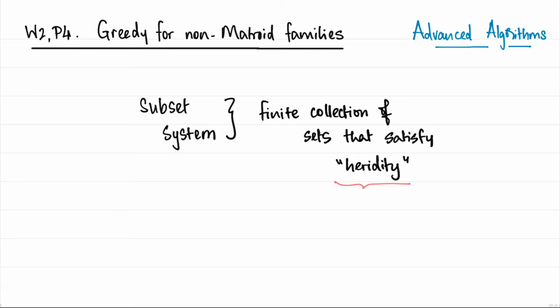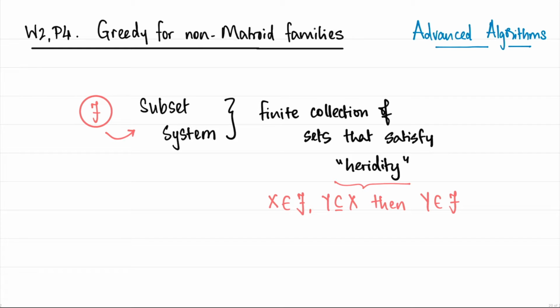So just to recall what it means, we said that if X belongs to the family F and Y is a subset of X, then Y also belongs to F. This was heredity. So if you have a family F that is only guaranteed to satisfy heredity, but may or may not satisfy the exchange property, then it's called a subset system.